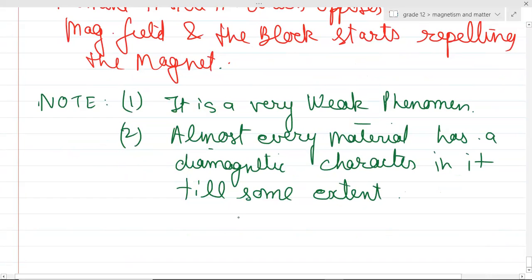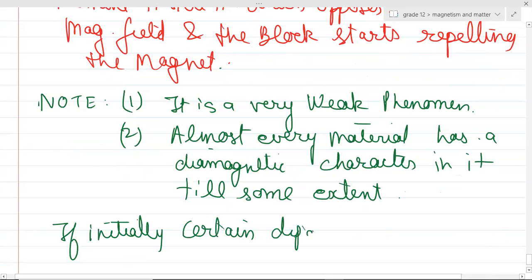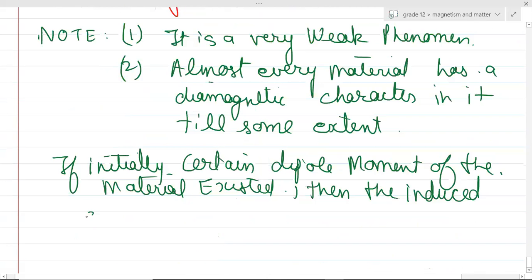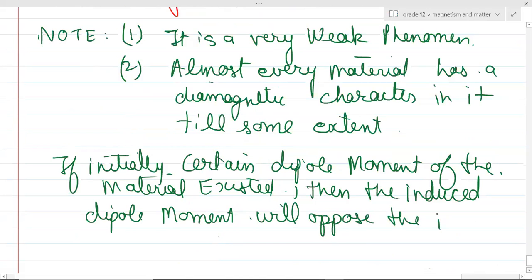So please remember, if suppose initially a certain dipole moment of the material existed, then the induced dipole moment will oppose the initial magnetic moment.